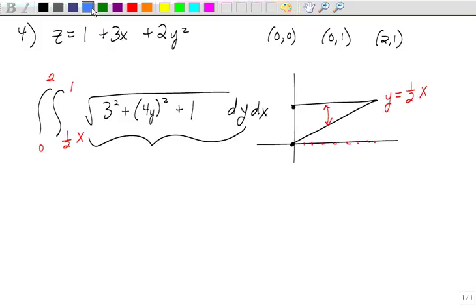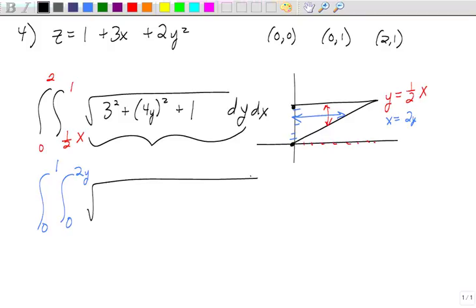So we're going to have to change the order of integration and go horizontally. So that means x is 2y, so we're going from 2y to 0, and then we're going to go from 0 to 1. See if that's any easier.